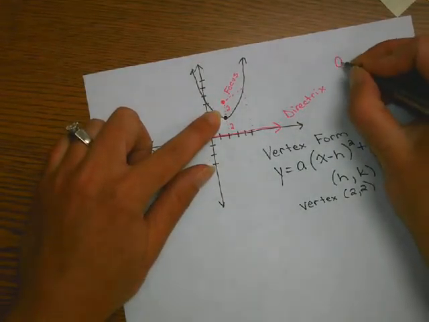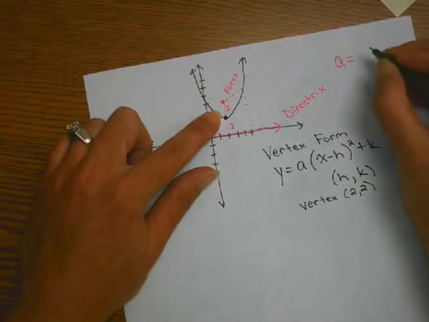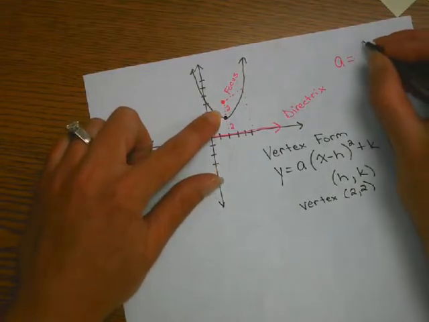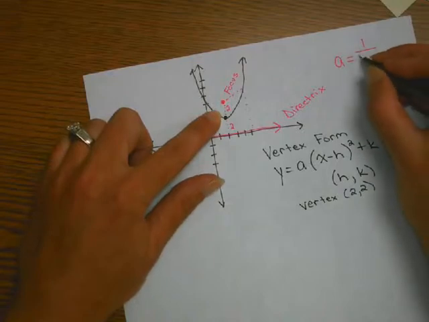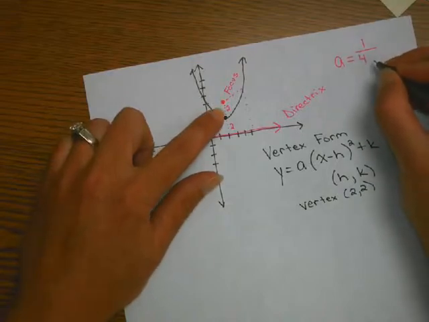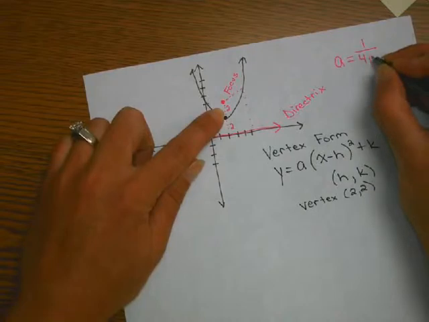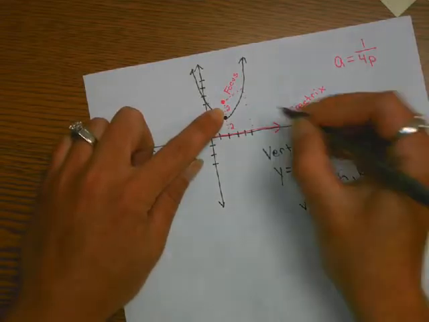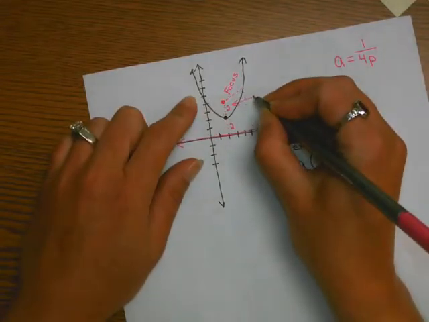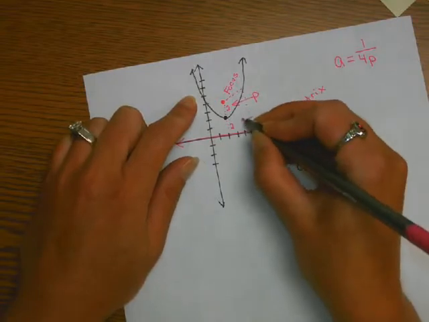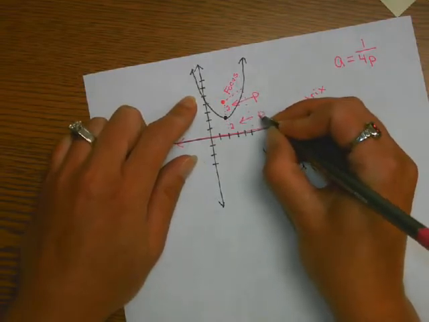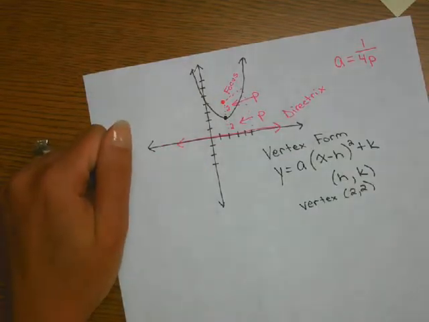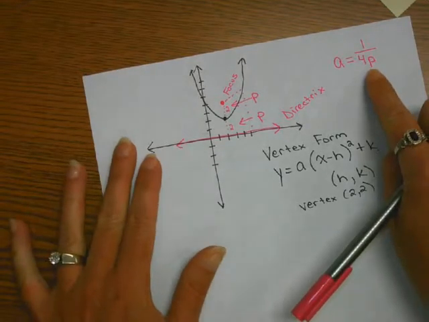A is equal to, now it's kind of an inverse relationship. It's not direct. It's 1 over 4 times that distance. And we'll just call that distance P. So the distance here is going to be P. Guess what? The distance here is also P. So if I know that distance, all I have to do is substitute it in.